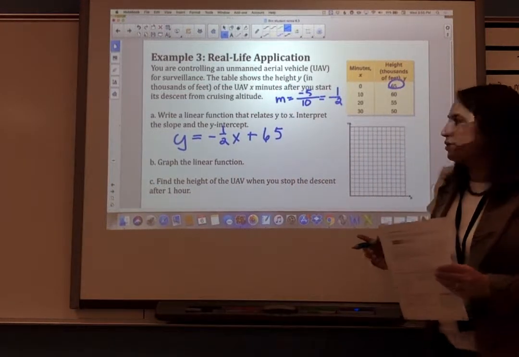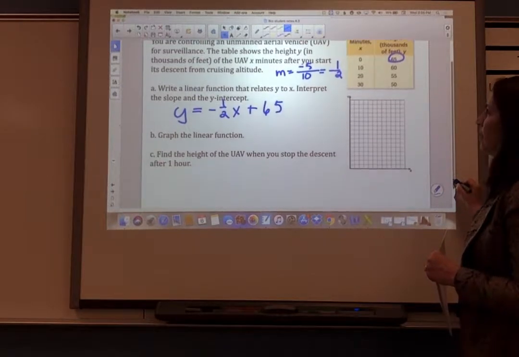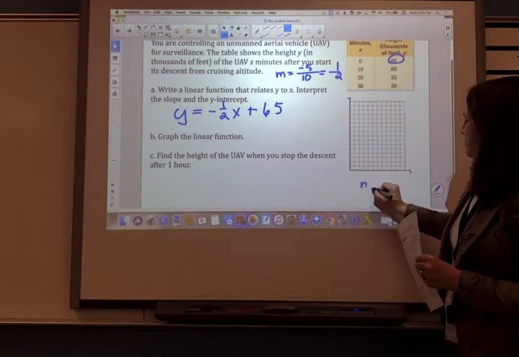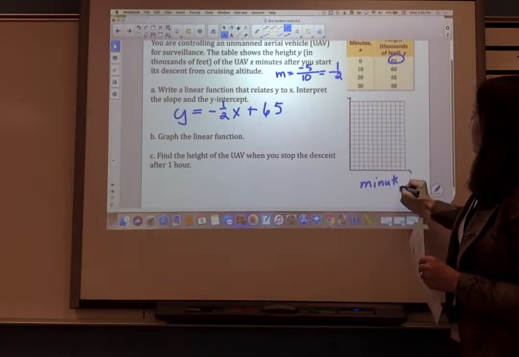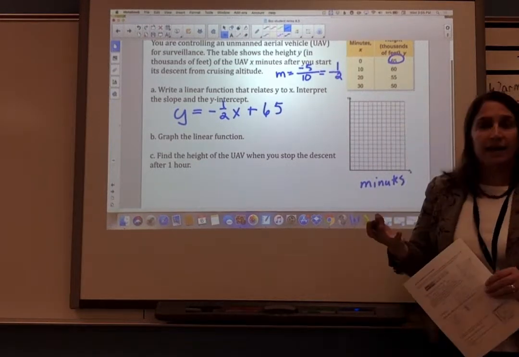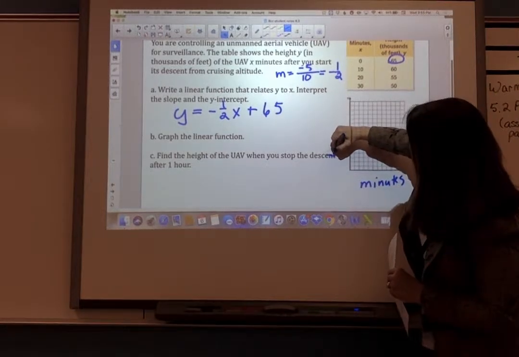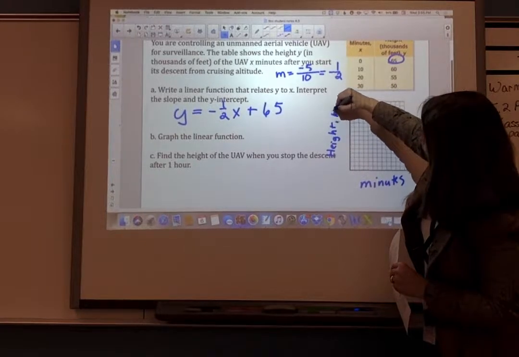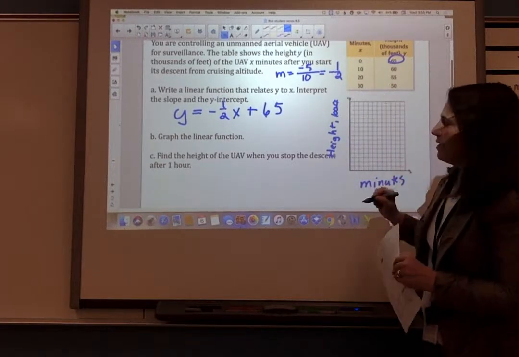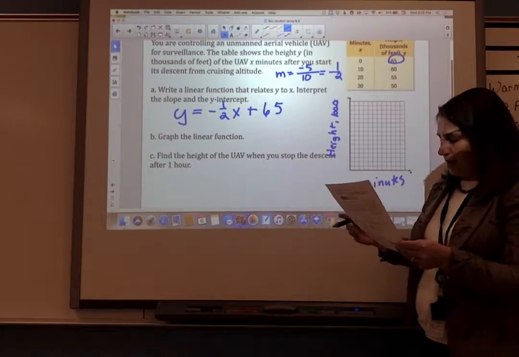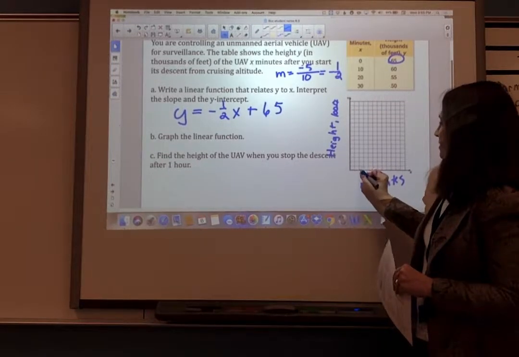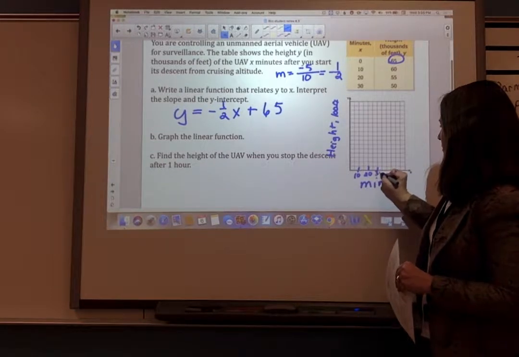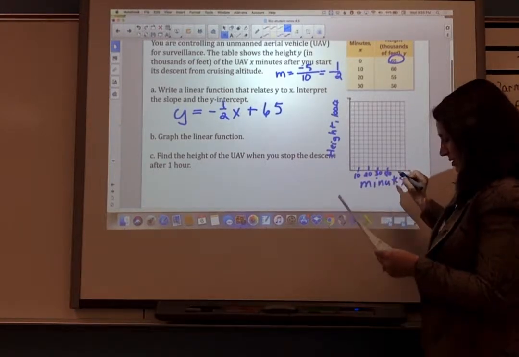Okay, so graph the linear function. Let's go ahead and label our axes. We know that x is minutes, and y is height in thousands of feet. We'll go ahead and count by tens here: 10 minutes, 20 minutes, 30 minutes, 40 minutes.